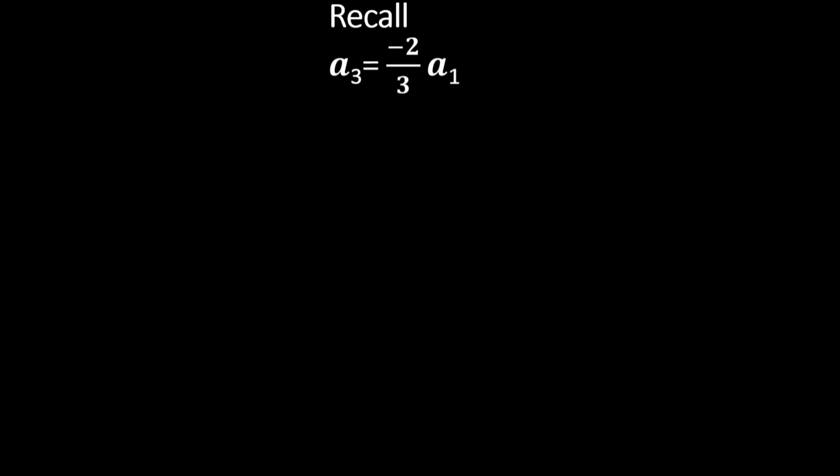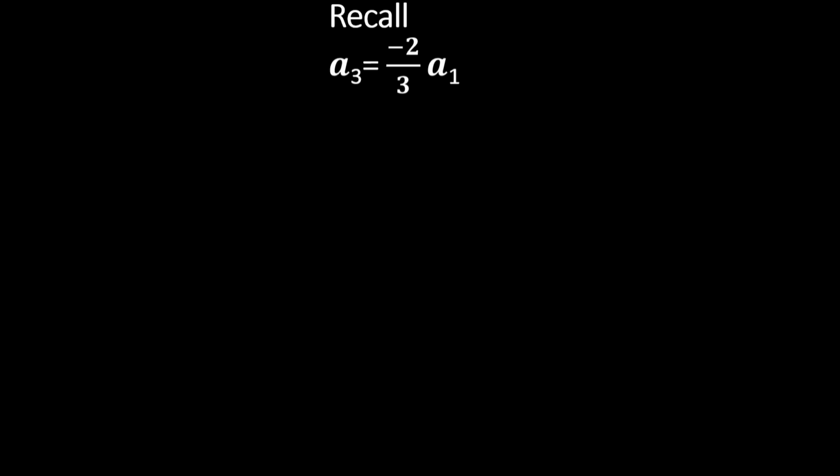So we recall. You see the reason why I said you should write all these things down. We recalled earlier that our a subscript 3 is given to be minus 2 over 3 a subscript 1. If you remember, you can check it.